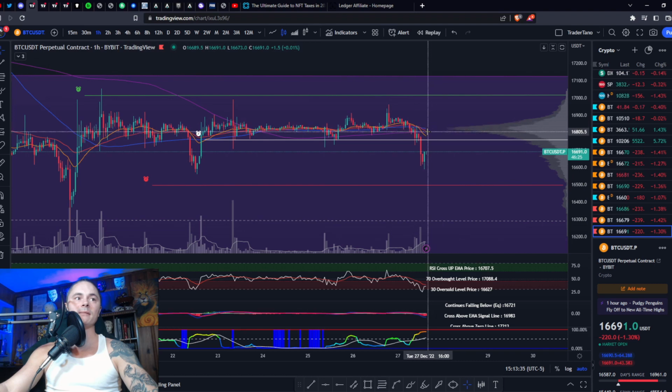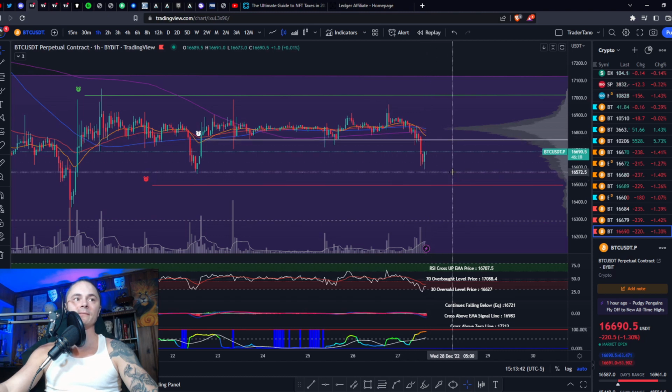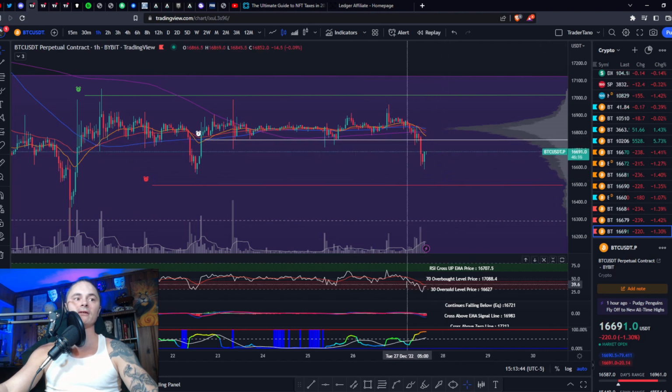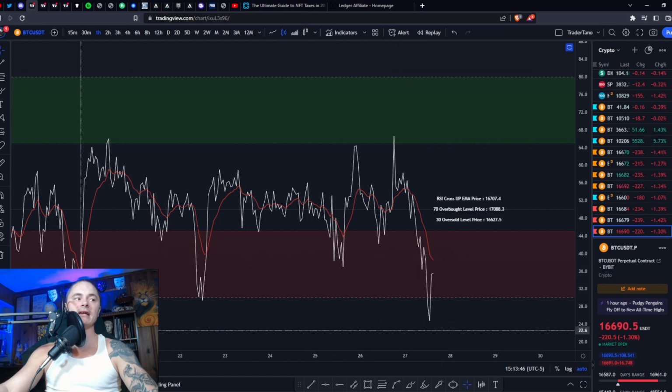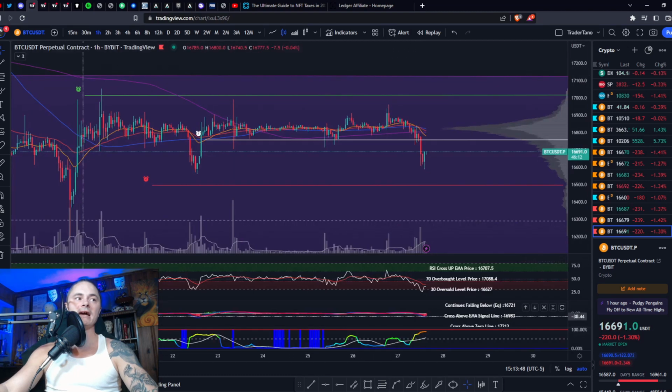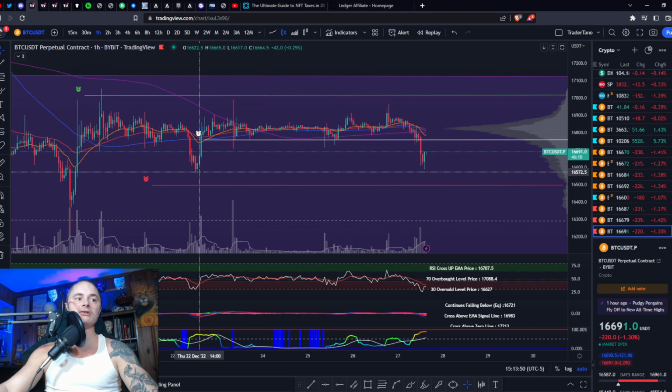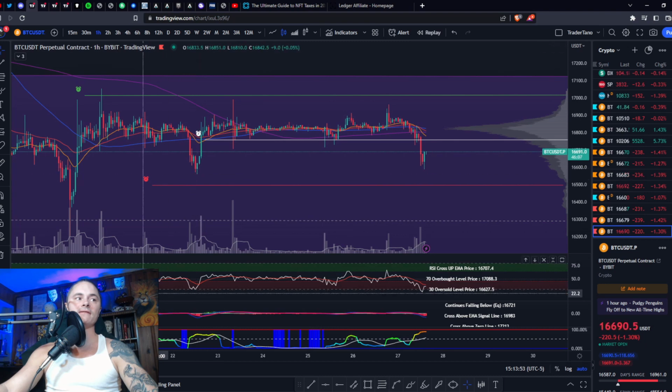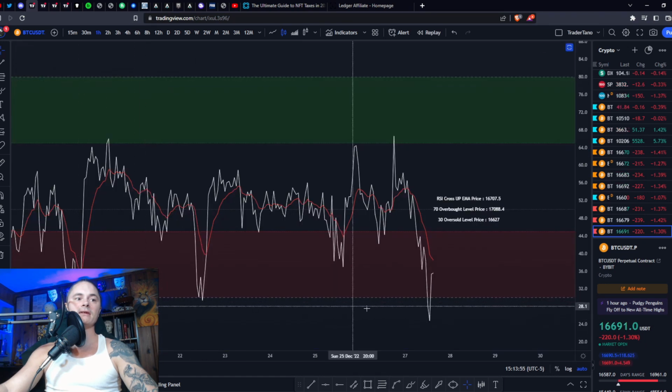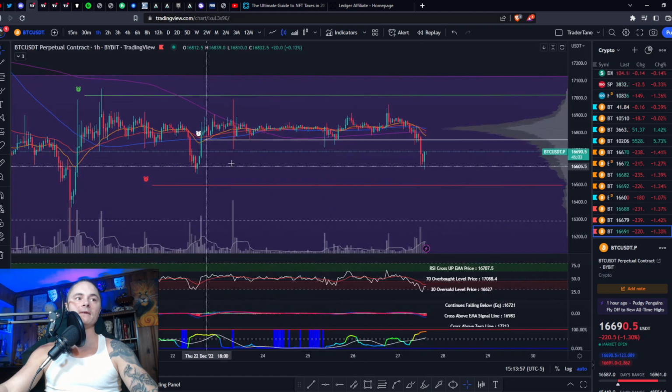Now, we could come back up here to test maybe 16,760, get a resumption down. That's one scenario. We are in the bearish control zone on the RSI right now. Now, we do have slight bullish divergence from this point to this point, from this point to this point.